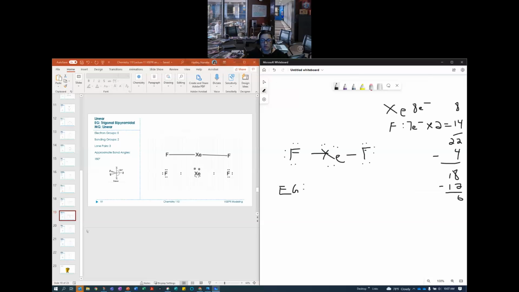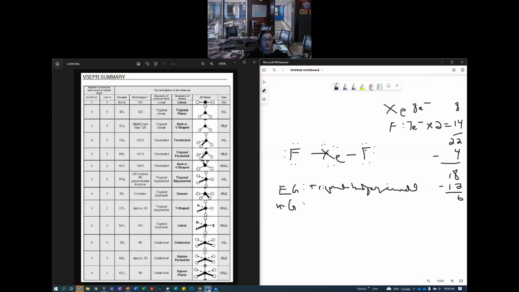So my electron geometry is still going to be the trigonal bipyramid. And hopefully you're listening because I'm sure you can't read that. My molecular geometry, on the other hand, is going to be based on the 2 things that I can see. So shockingly, I would expect this to be linear.